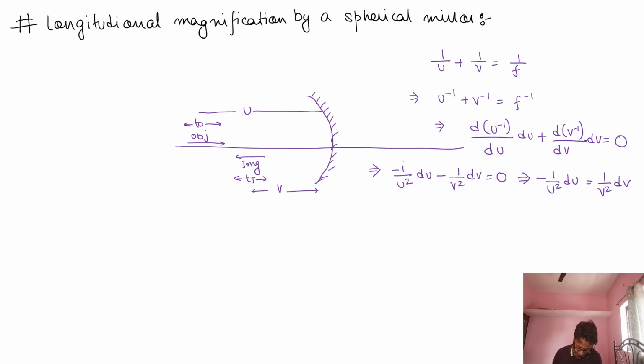Now what is du and what is dv out here? du is nothing but the thickness of the object, and dv is nothing but the thickness of the image.